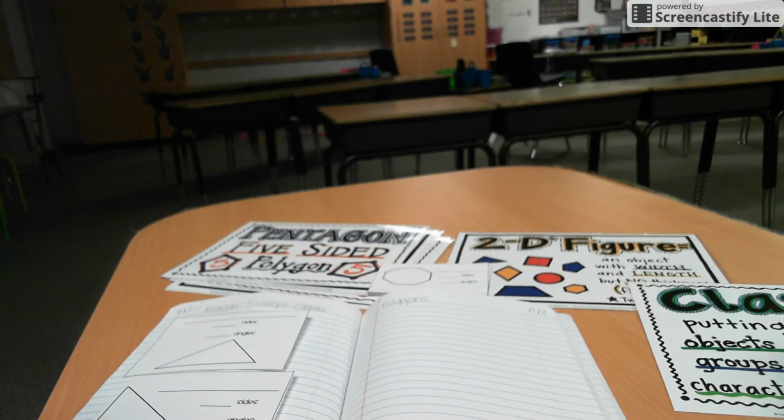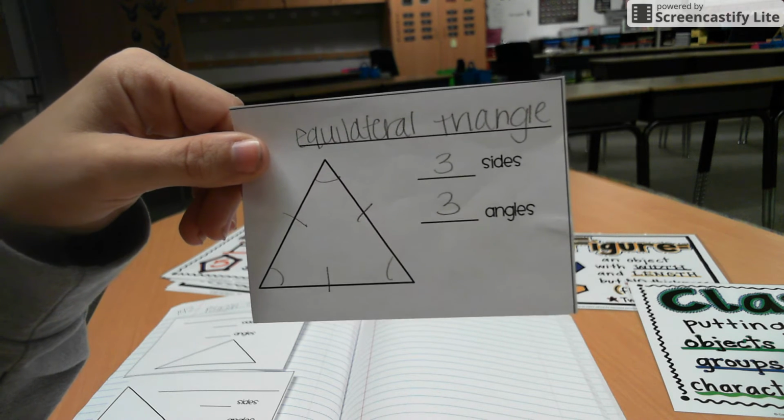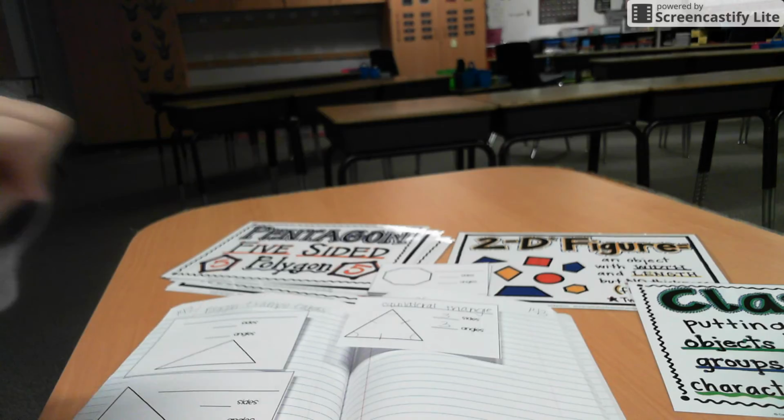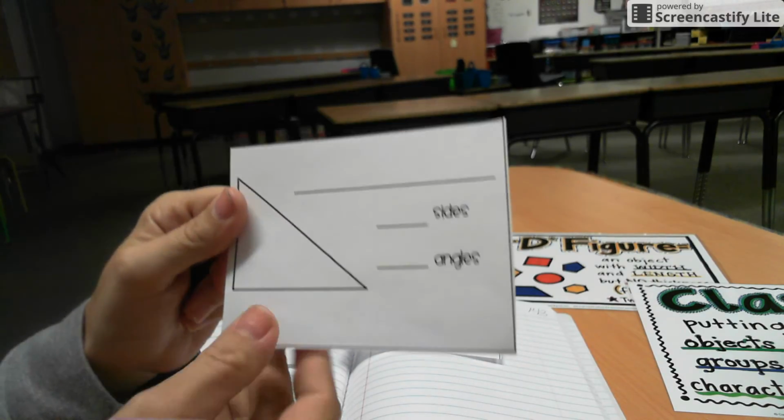It's an equilateral triangle. And we said it's got 3 equal sides and 3 equal angles. So go ahead and copy that down, and then we're just going to set it to the side for now. We're not gluing it down, just set it down.